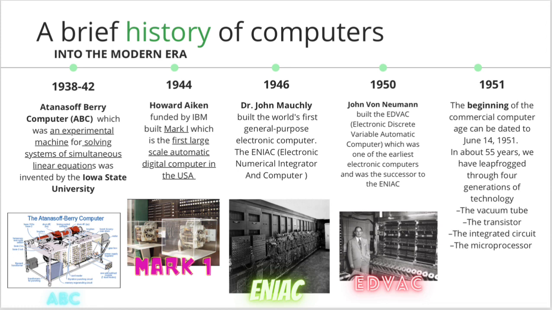1951: the beginning of the commercial computer age can be dated to June 14, 1951. In about 55 years, we have leapfrogged through four generations of technology: the vacuum tube, the transistor, the integrated circuit, and the microprocessor.